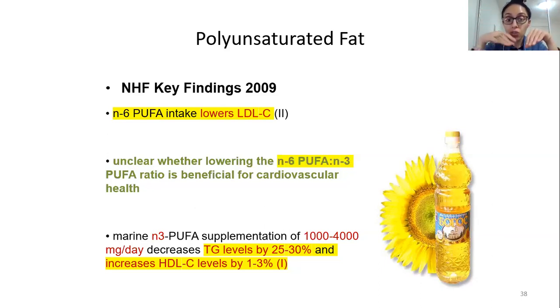All right. So what else has been shown is that omega-3, by supplementation for instance, decreases your triglyceride levels and increases your HDL level, which is great. And omega-3 has a big role as an anti-inflammatory agent. And we are talking more about this in your mental health lecture.